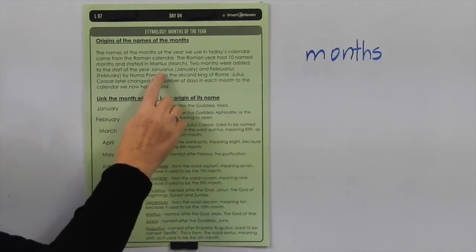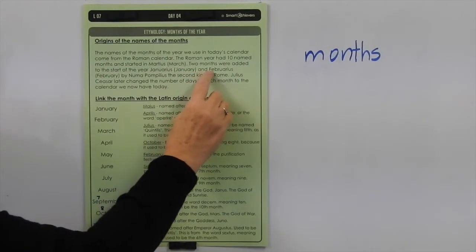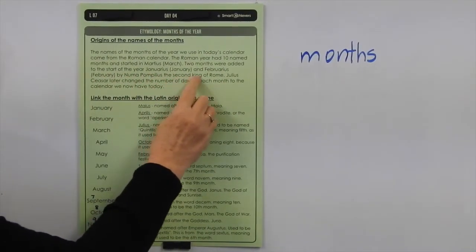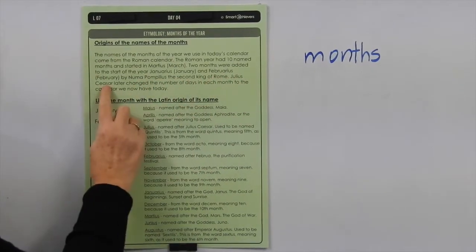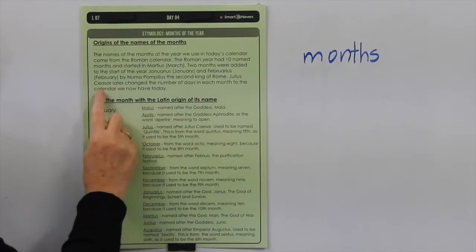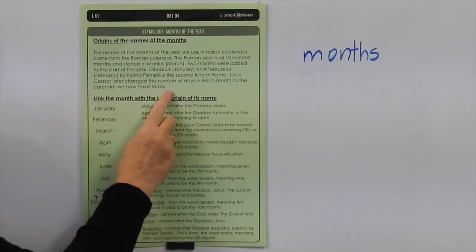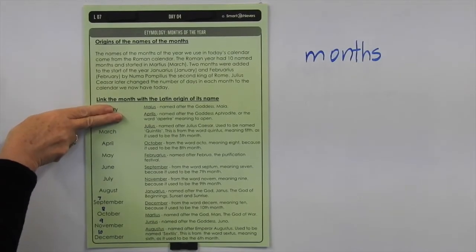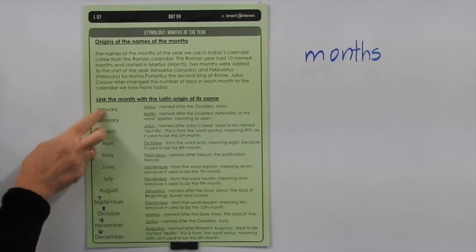So here they are, Januarius, January, and Februarius, February, by Numa Pompilius, the second king of Rome. Julius Caesar later changed the number of days in each month to the calendar we now have today. So we didn't have January and February, then they were added to the calendar to make the 12 months of the year.